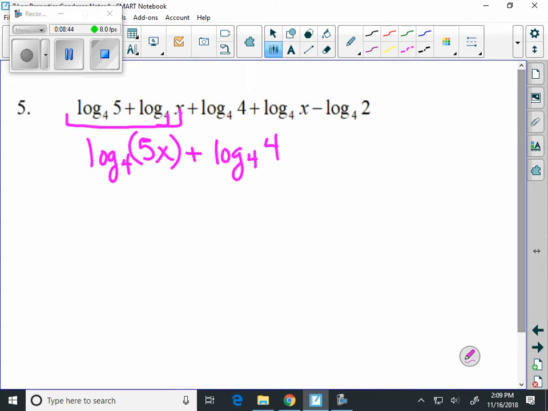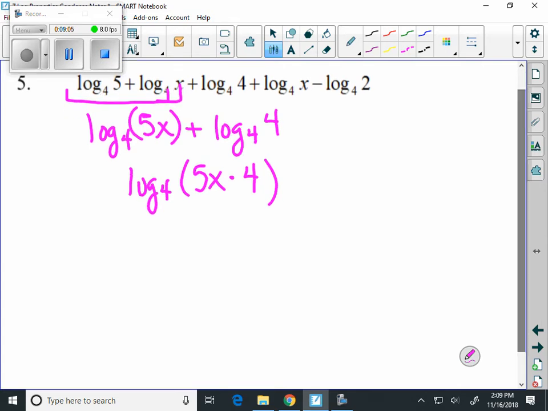There's another plus in this problem, and let's just condense those two, and because there's a plus, we're going to multiply these. So it's going to be log base 4 of 5x times 4. It's fine that you write it as 20x. In fact, I think I will do one more step here. Log base 4 of 20x.